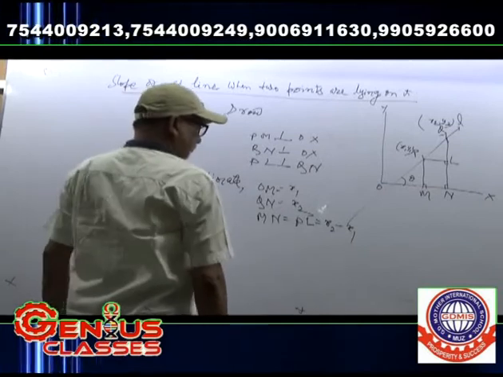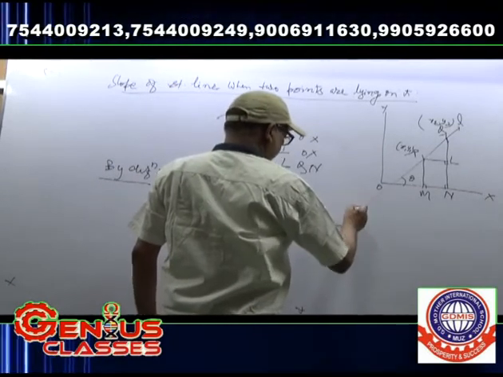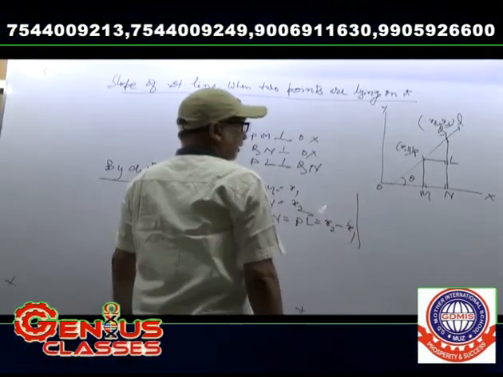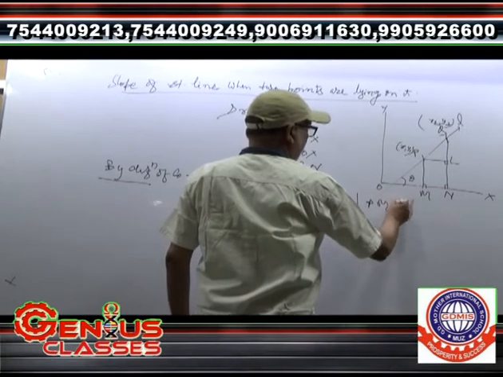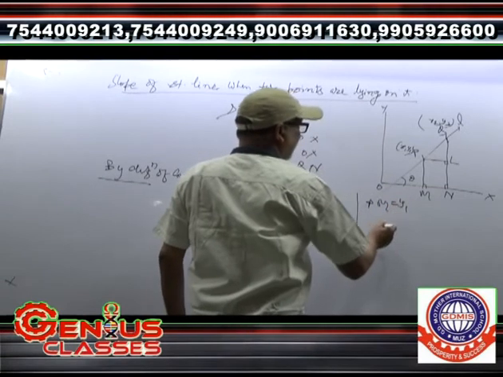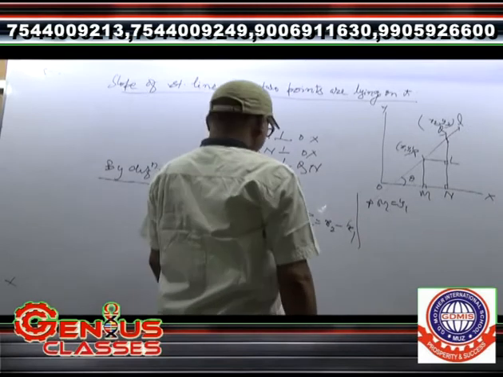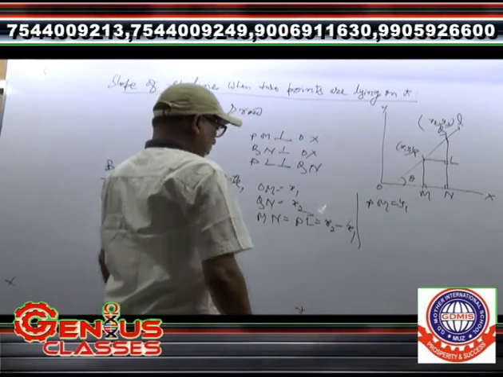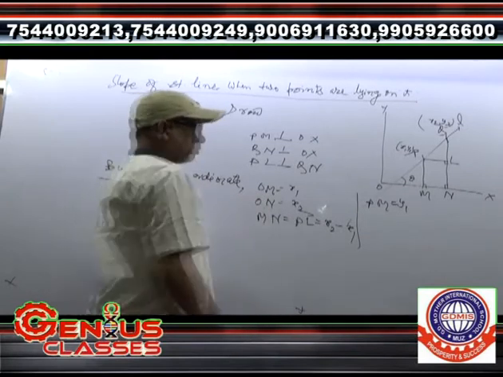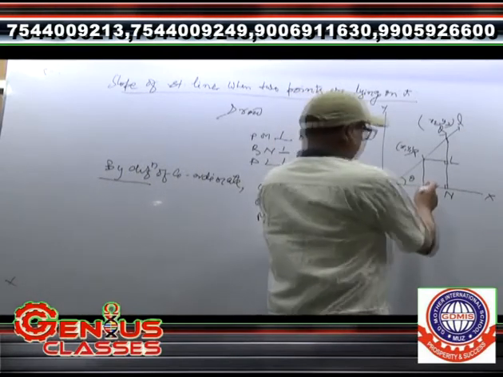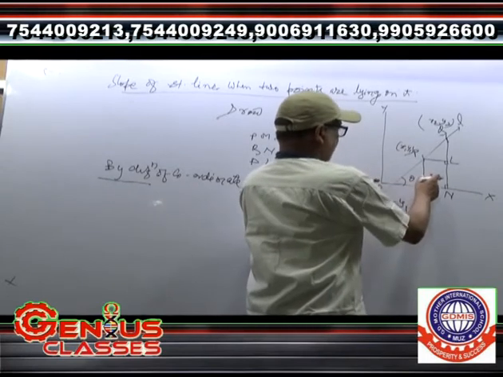Similarly, by the definition of coordinate, PM is equal to y1 and QN is equal to y2. OM हो गया by the distance coordinate, OM is equal to distance on x-axis.